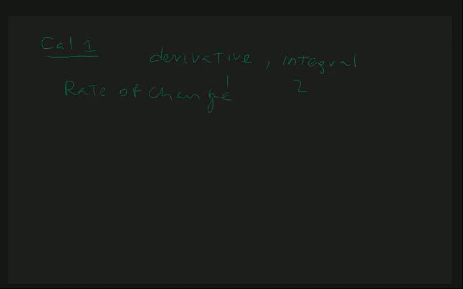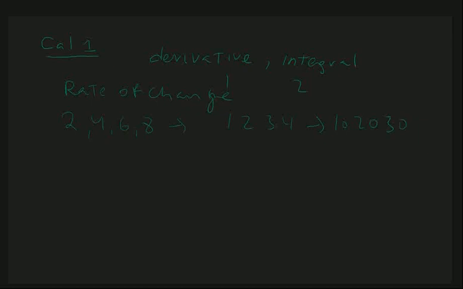Something can be constant, like 2, 4, 6, 8, or 1, 2, 3, 4, or 10, 20, 30. So it's kind of constant, right?